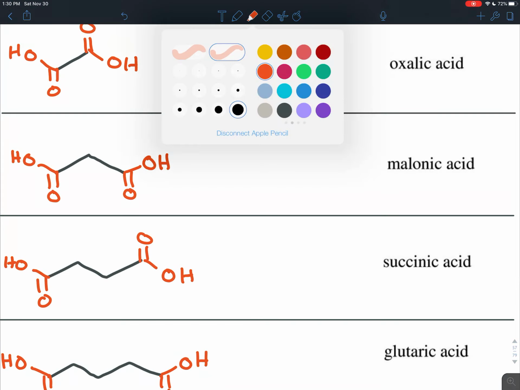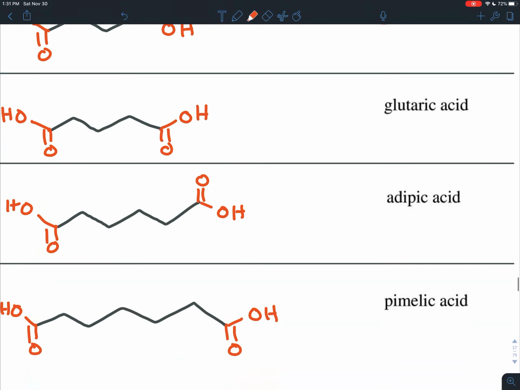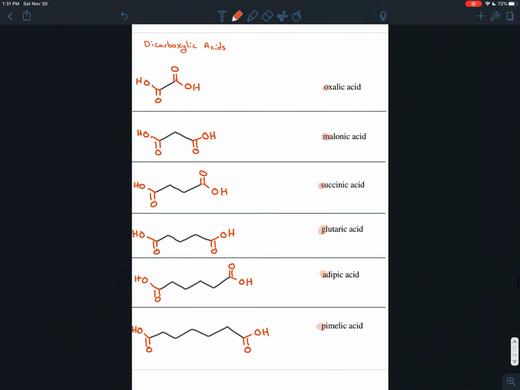if you just look at the first letters, we have O, M, S, G, A, P. And there's a popular mnemonic device that you can use.